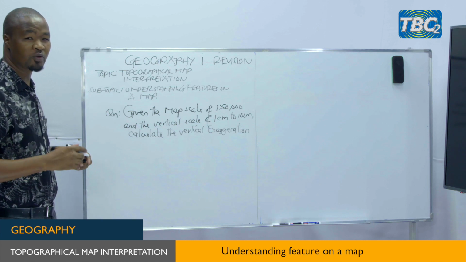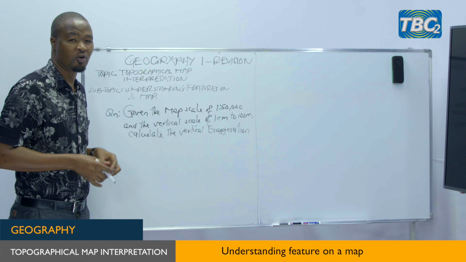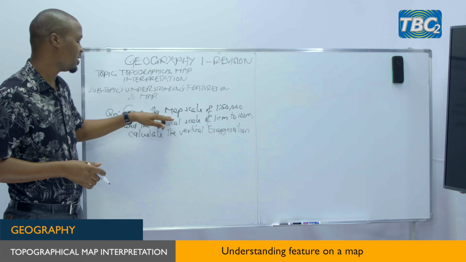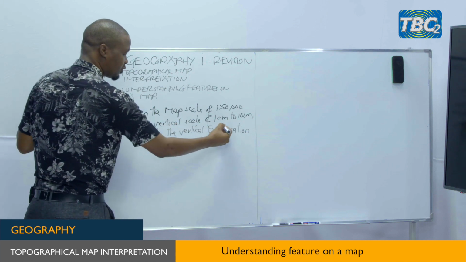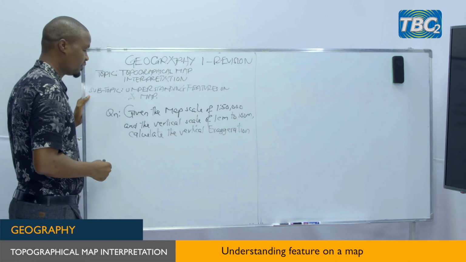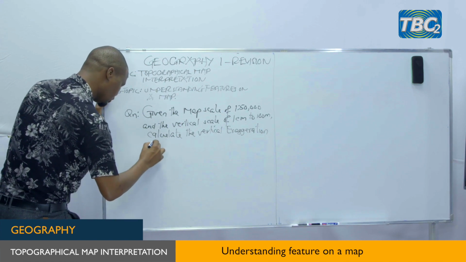It means we want to know how many times the vertical scale is larger than the horizontal scale, or the map scale.